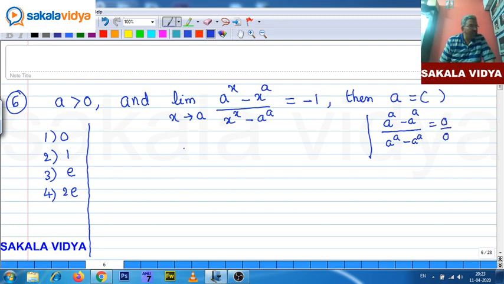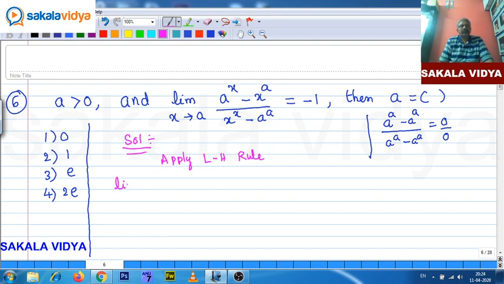So now the solution: apply L'Hospital's rule.